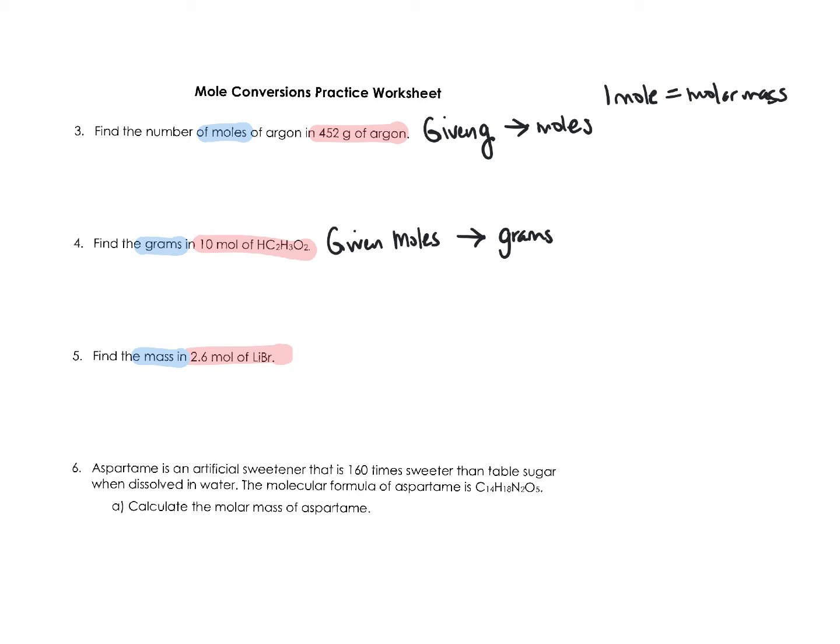So again, moles and grams, we're going to use the relationship that 1 mole is equal to the molar mass of the material. And then the next one, we can see that we're given moles, and we want to find grams or a mass. So again, we're using 1 mole is equal to the molar mass of the material. So pause it here, take a couple minutes, try these 3 problems on your own, and then come back and check the answers with me.